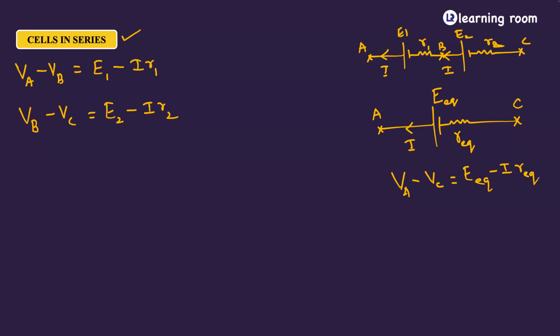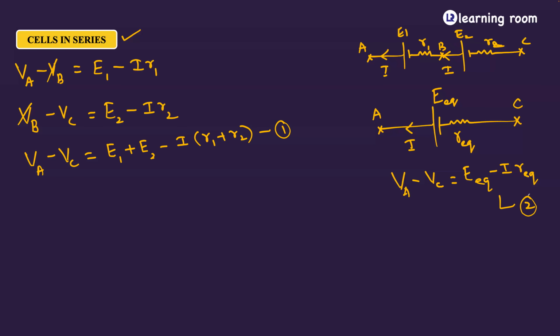Since I need VA minus VC, what I will do here is add them. When I add them, VB and VB will get cancelled. I'll get VA minus VC is equal to E1 plus E2 minus I into R1 plus R2, which I'll call equation number 1, and let this be equation number 2.